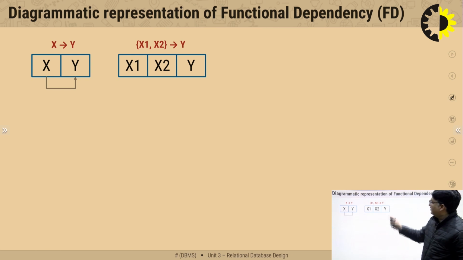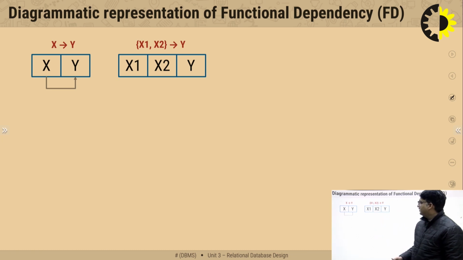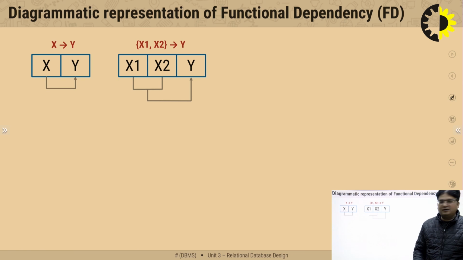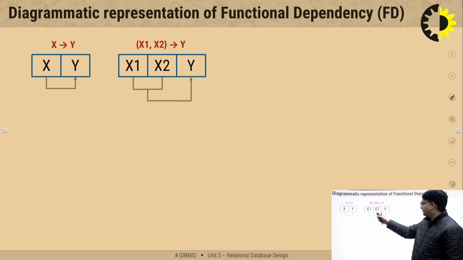Now, in the next example, x1 and x2 are determining y. So, here we will list all the attributes in the box. Thereafter, the edge will be from the determinant to the dependent, that is, from both x1 and x2 combined there is an edge towards y. That shows the composite attributes are determining y.